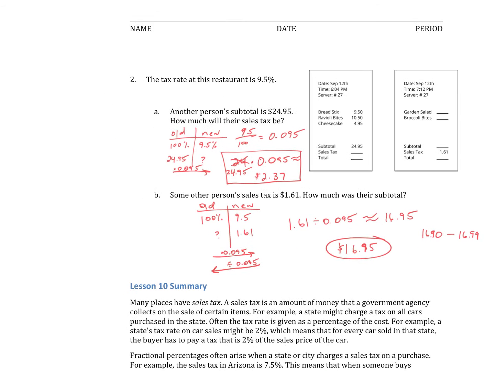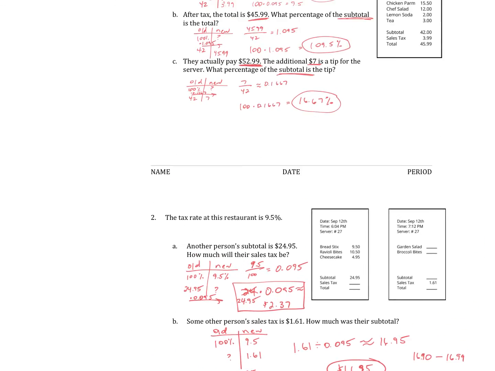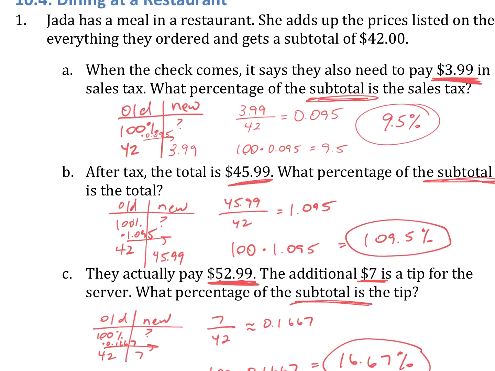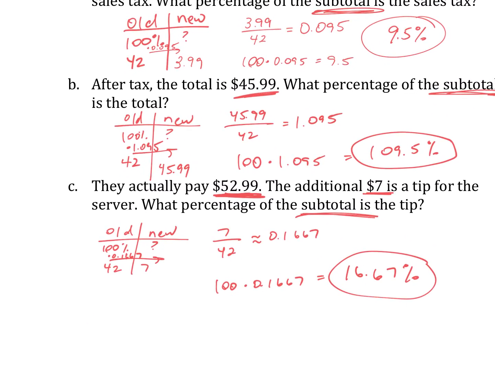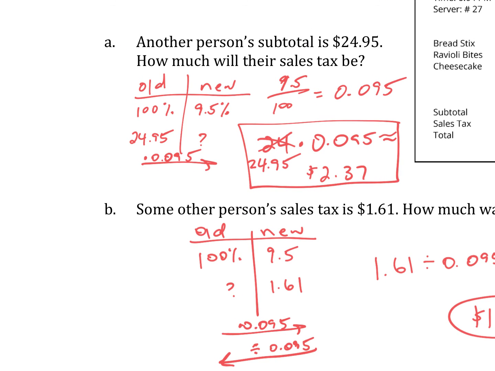Now, we utilized tables to solve this, but we could have also used equations, and I do want to practice that real fast because it is an important concept to know. So let's keep it in this problem. Let's say that our unknown is x.